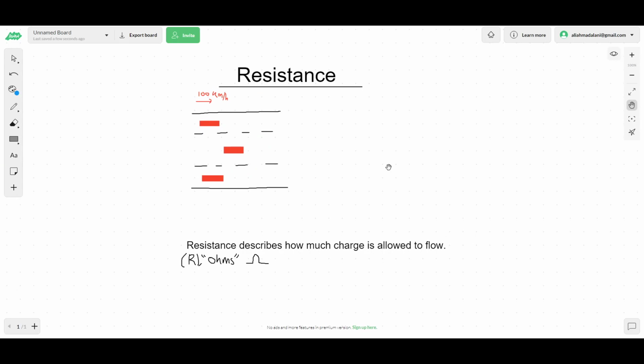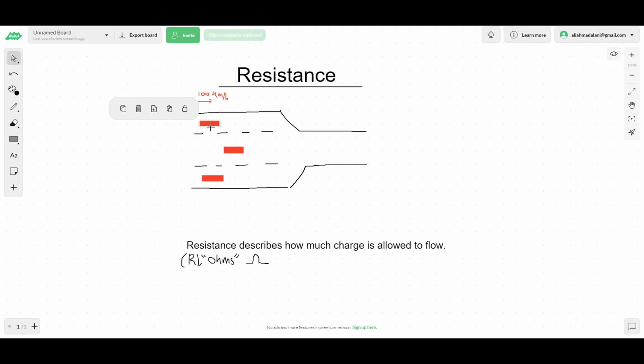Finally, let's talk about resistance. So what I want you to imagine the wire to be is, say, a 3-lane highway with cars traveling through it, and the cars are each some charge. Now, in our 3-lane highway here, our cars are traveling around 100 kilometers an hour. Now, what I want you to imagine is, what if we suddenly merged this highway to become a single road as opposed to 3 lanes?